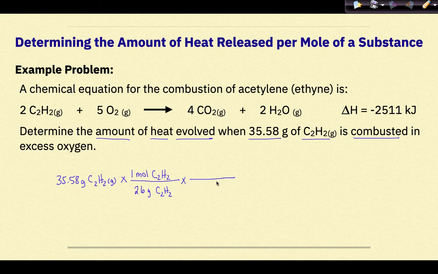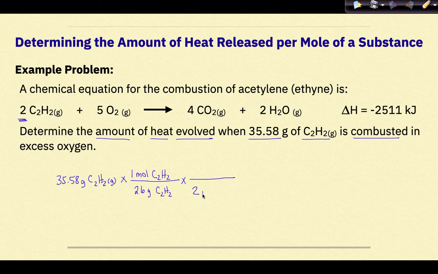And the key thing that is different from our previous example is that in the previous example, there was just a 1 in front of our ammonium nitrate. In this example, we are combusting 2 moles of C2H2. So I need that 2 on the bottom.